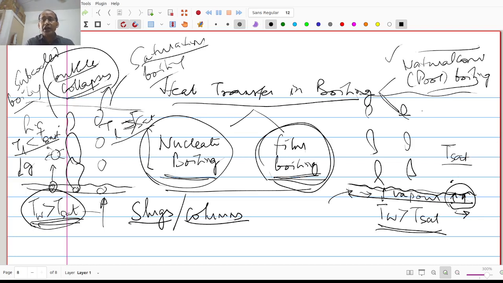So the other classification is flow boiling, where there is a flow of liquid on top of the solid surface, and therefore there is a combination of both natural convection trying to lift up the bubbles from the surface, and the flow trying to sweep away the bubbles from the surface. So flow boiling can be classified in two forms again.